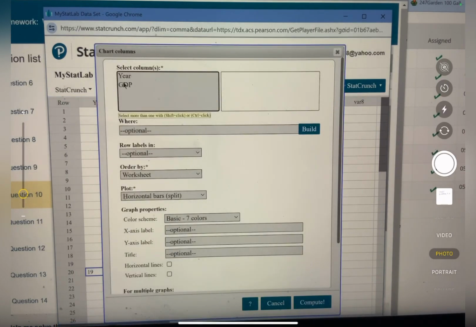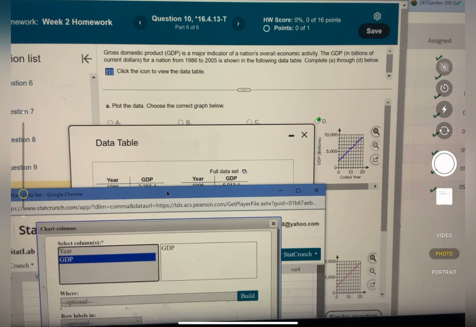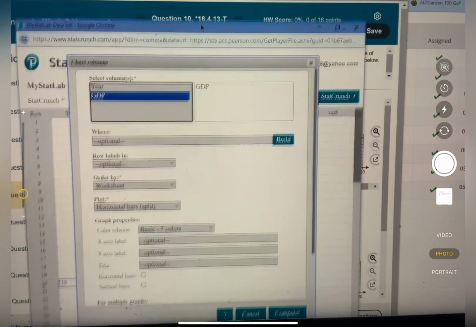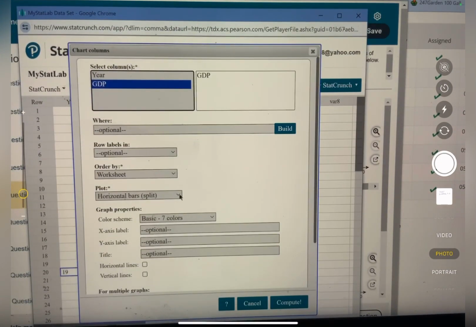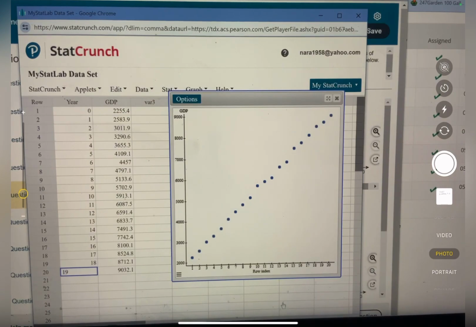So we are using GDP because the dependable value, which is Y, is GDP. And in which format is given our plot? It looks like a scatter plot, so I'm choosing points. Okay. And compute. So this is what we have.